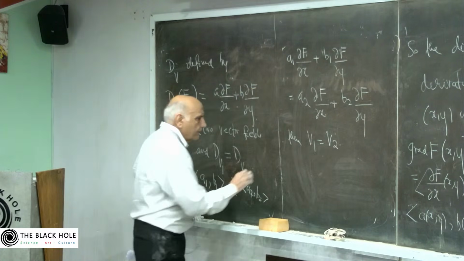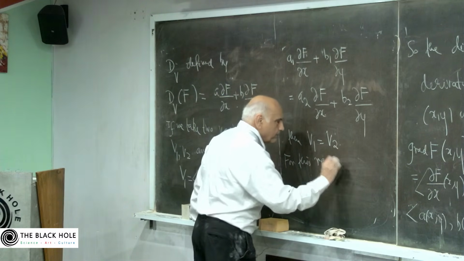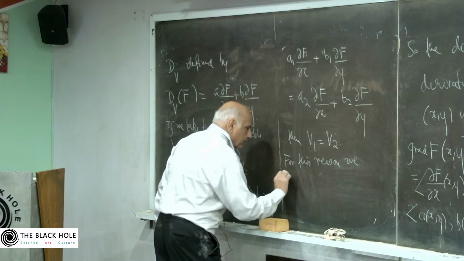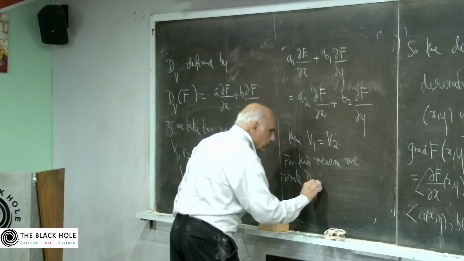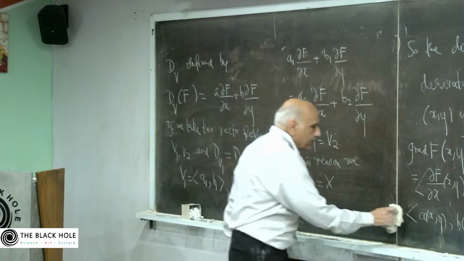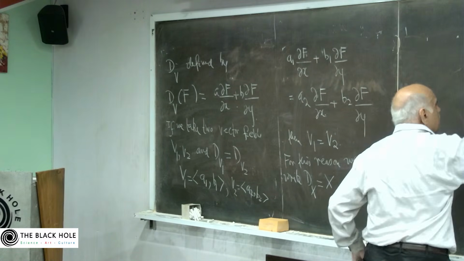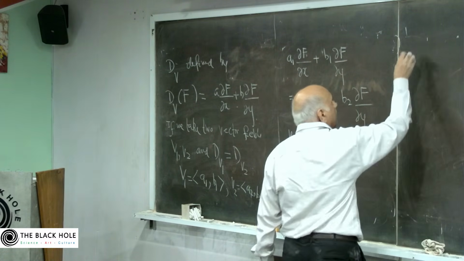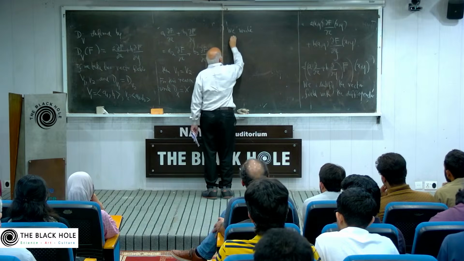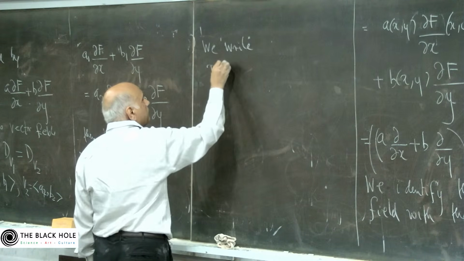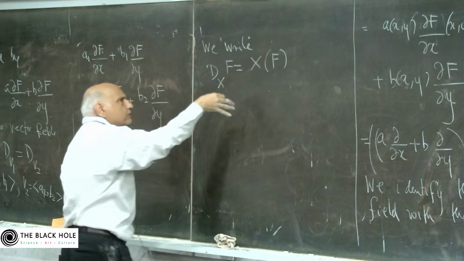So for this reason we identify v with dv, we write dx is equal to x, and dx of f, so it's a very convenient notation.